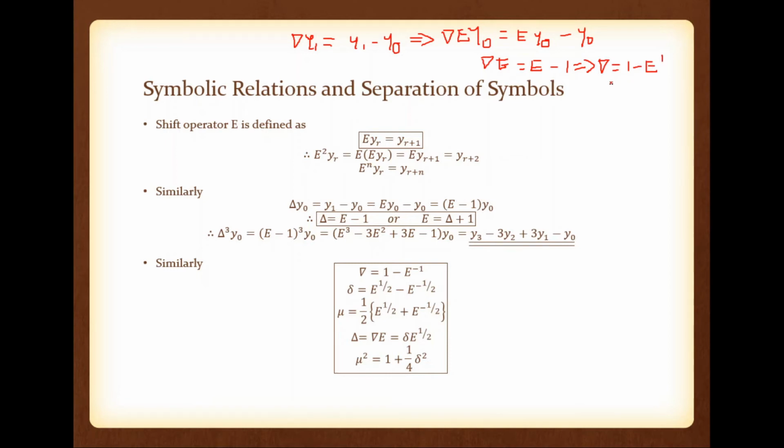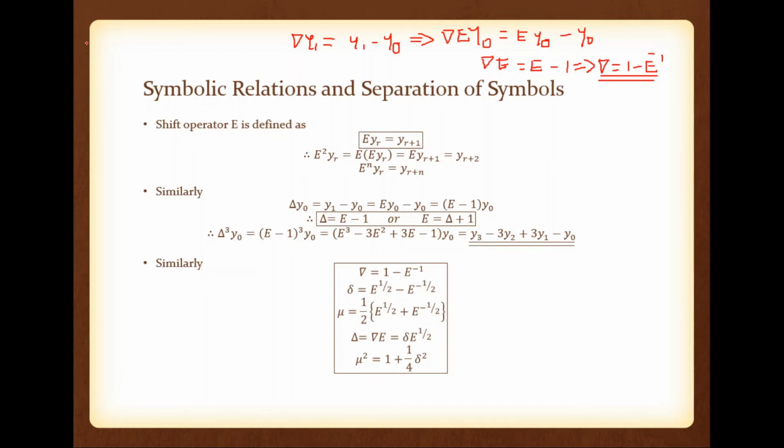Del is equal to 1 minus E raised to minus 1. Okay. So first you have to remember this one, del is equal to 1 minus E raised to minus 1, or you can remember this one, del E is equal to E minus 1.